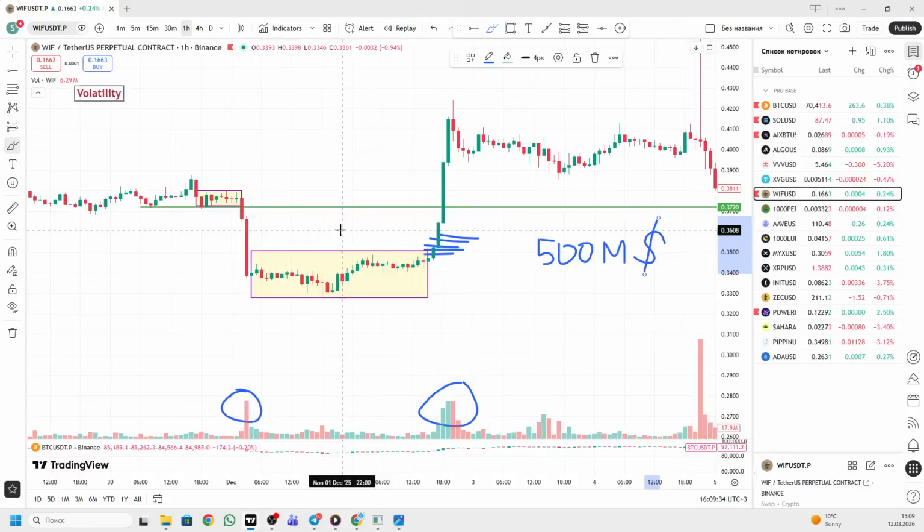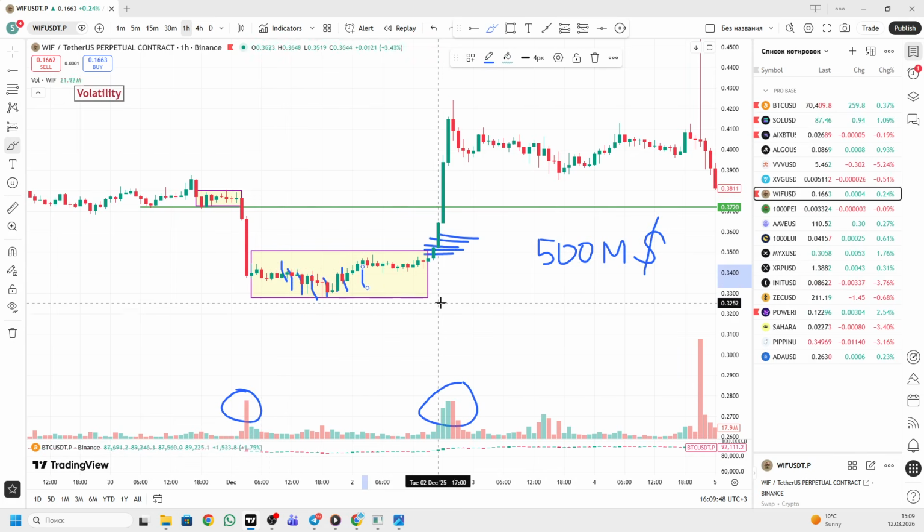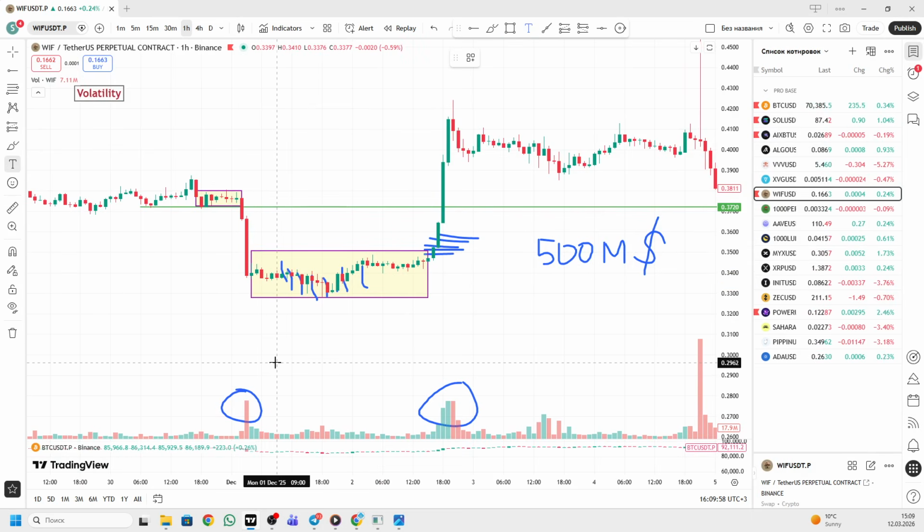So in order for that not to happen, and large players know about that, the large players always accumulate gradually, slowly, calmly, buying the asset piece by piece. So here is the zone where the large participant is building his position. I want to label it in order not to be confused, okay? So let's write it down.